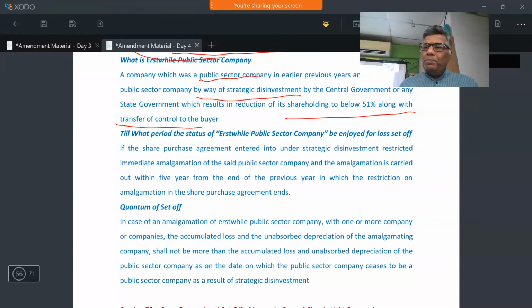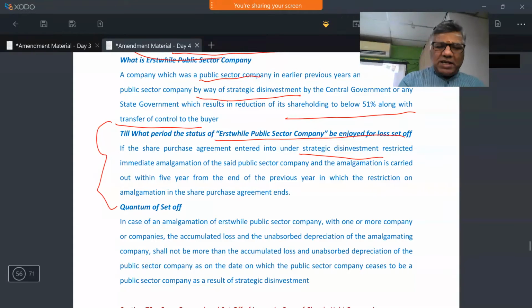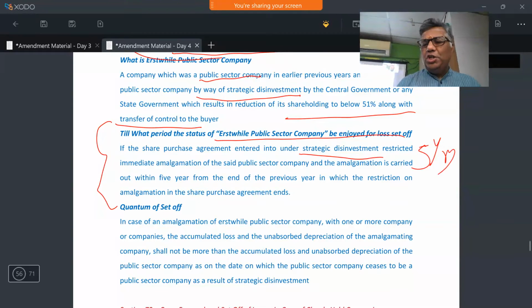In what period can losses be set off? If the share purchase agreement entered under strategic disinvestment restricted immediate amalgamation of the said public company, and the amalgamation is carried out within 5 years from the end of the previous year in which the restriction in the share purchase agreement was put, you can amalgamate, and then you can start the set off.